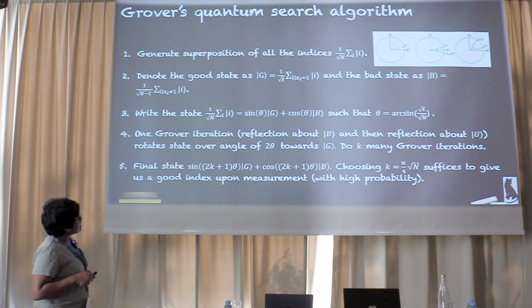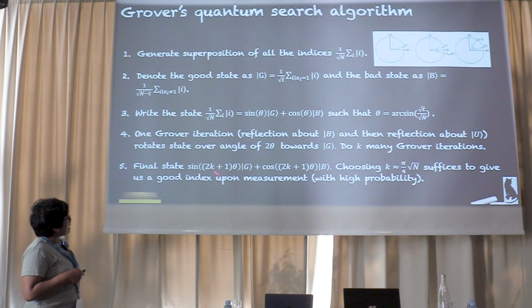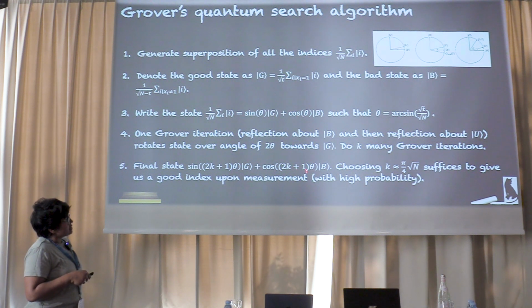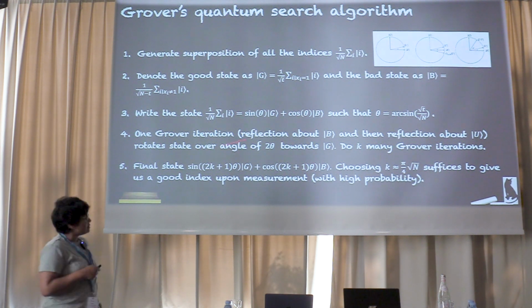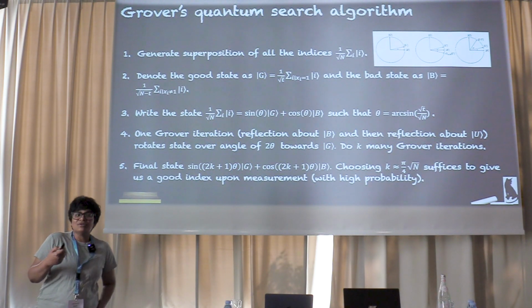And I keep doing this. If I do it k many times, my new angle becomes 2k plus 1 times theta. So my new theta dash is this much. Now, when will I get a good state?